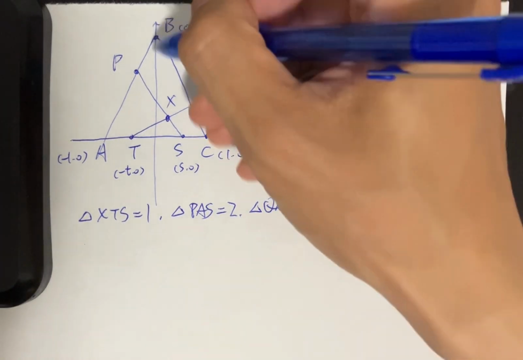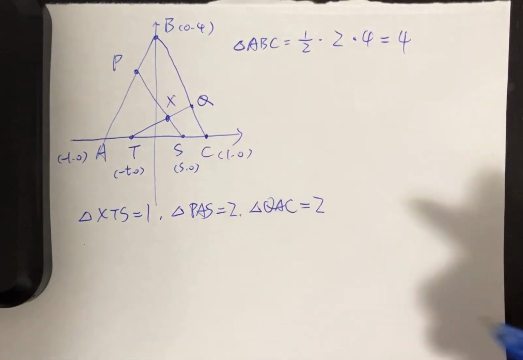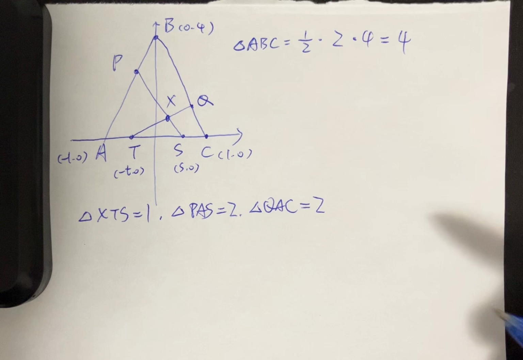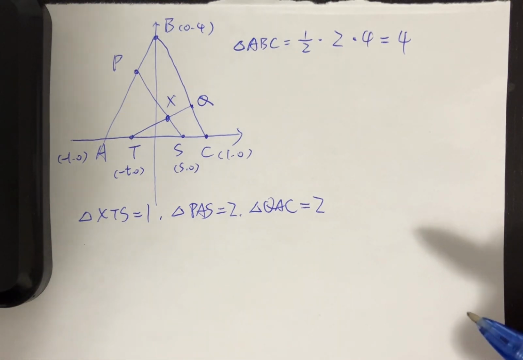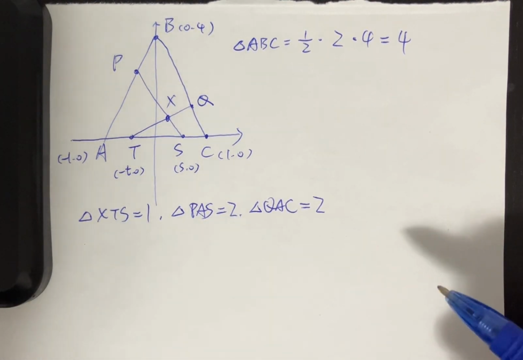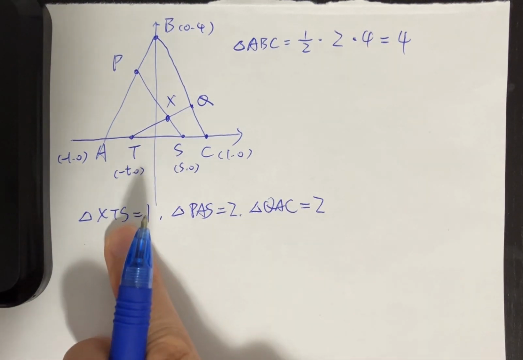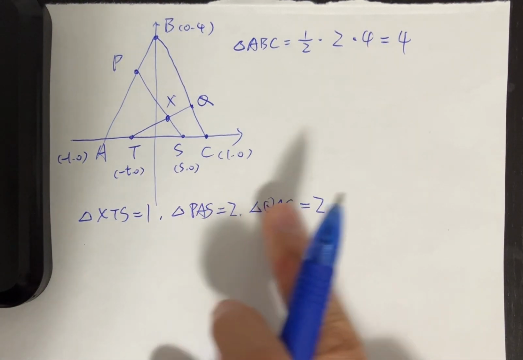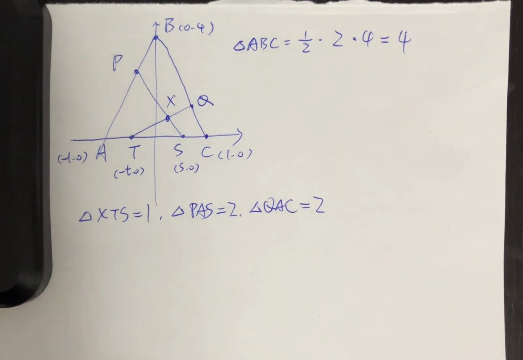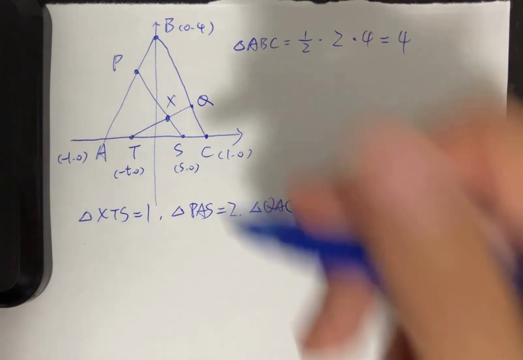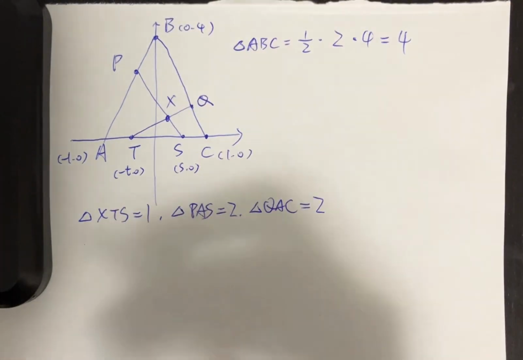Now we have the top quadrilateral, PBQX. It is 1 as well, but in fact we do not have to look at it. We don't even need to care about it. Provided this equation is 2, and this equation is 2, and this equation is 2, it immediately follows that the area of this quadrilateral has to be 1.